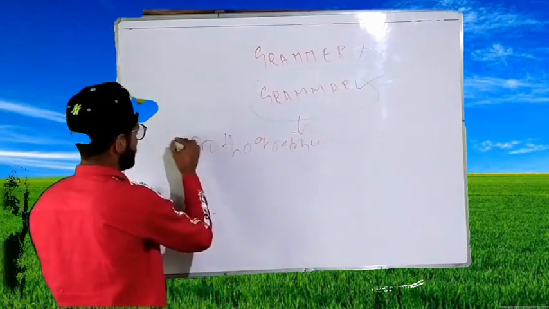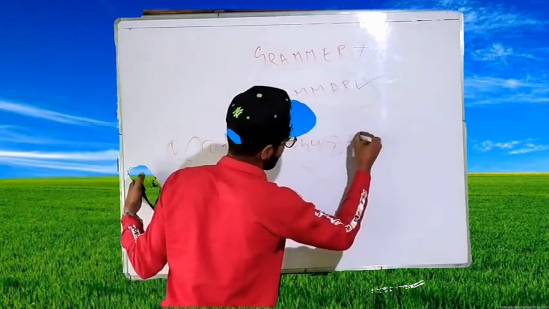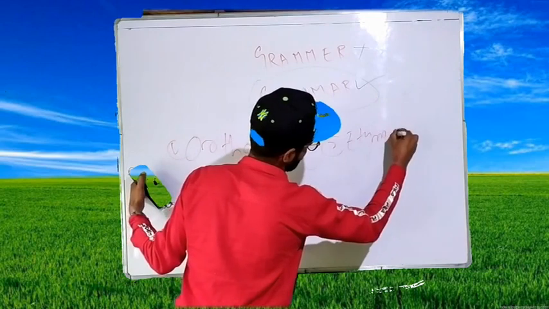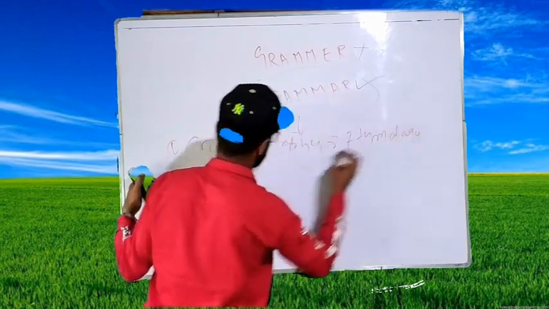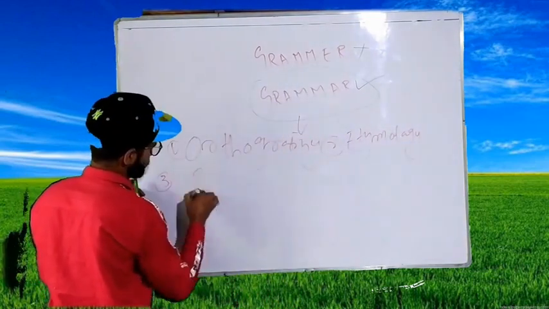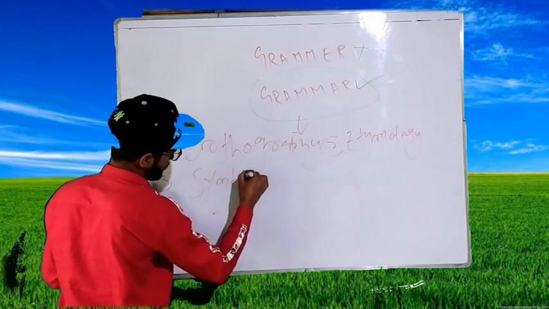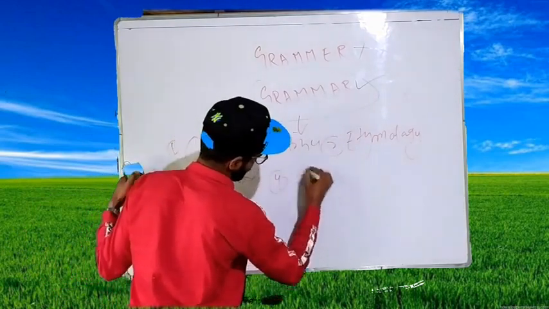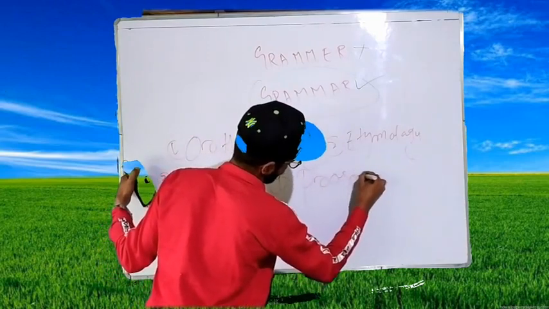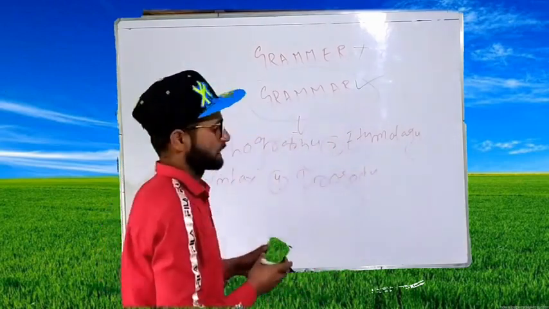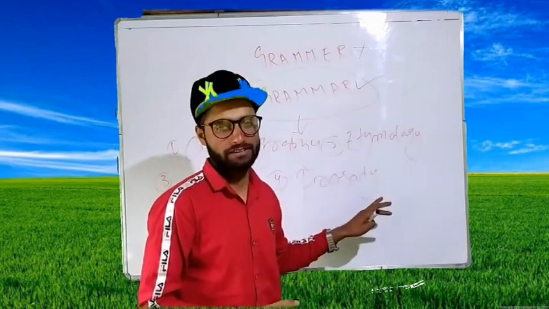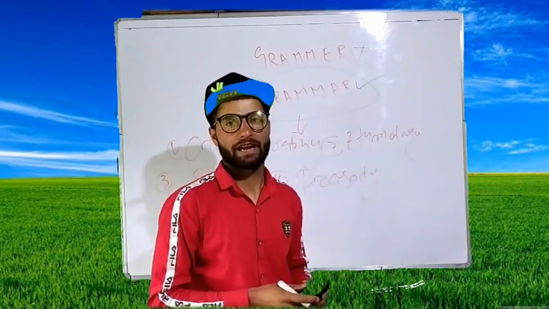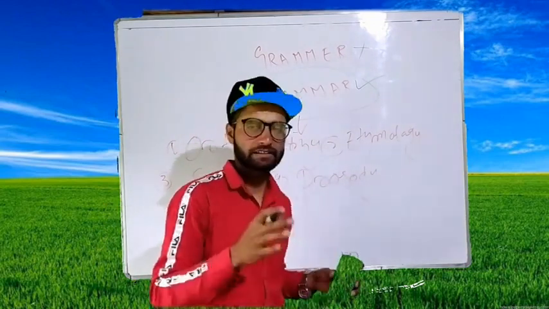This was the first one. The second one is etymology, E-T-Y-M-O-L-O-G-Y. Third one is syntax, S-Y-N-T-A-X. Fourth one is prosody, P-R-O-S-O-D-Y. Yeah guys, these 4 branches are parts we will discuss and study or learn in another video, inshallah.